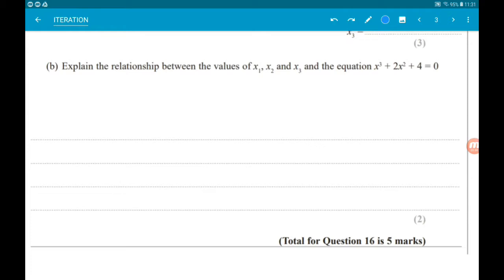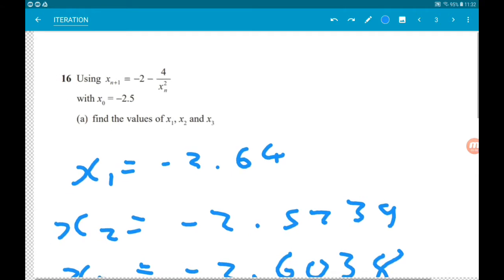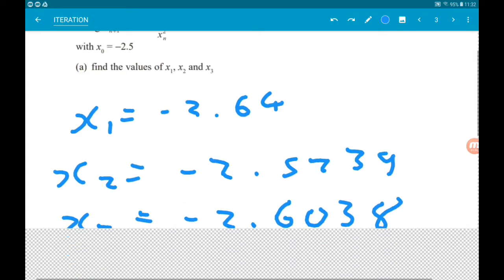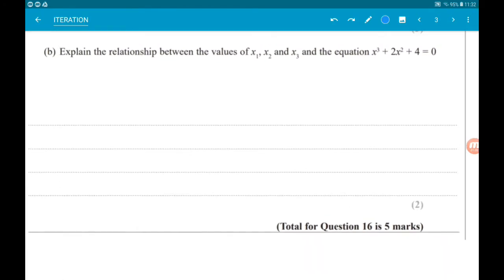So, if we look again at the iterative formula, which is x n add 1 is equal to minus 2 minus 4 over x n squared, can we turn the equation down here into something that looks very similar? So, can we get an x on its own with a minus 2 minus 4 over x squared on the other side?